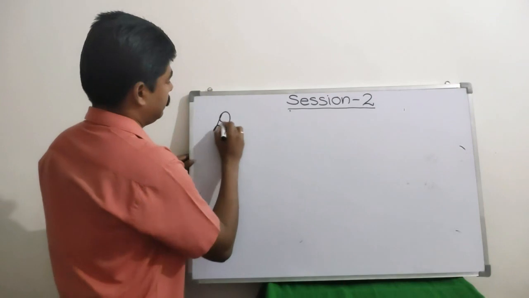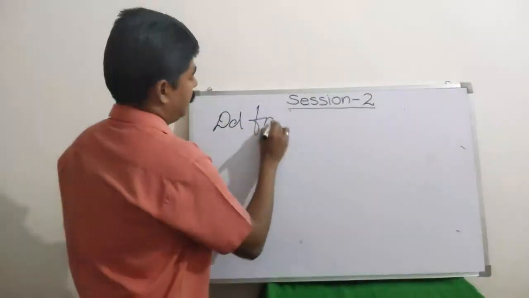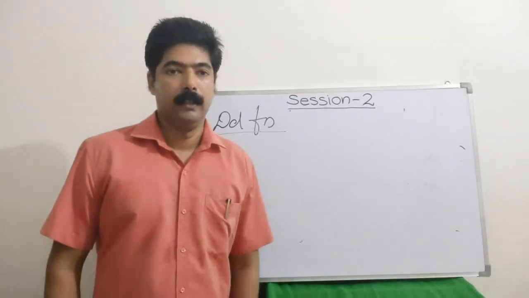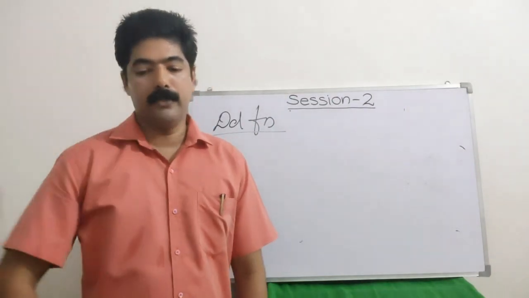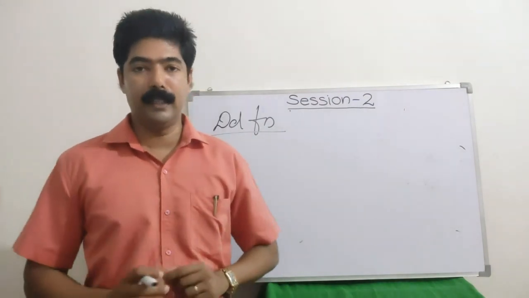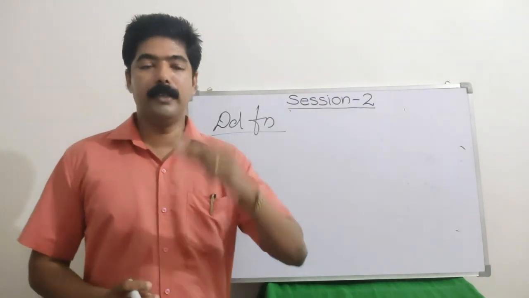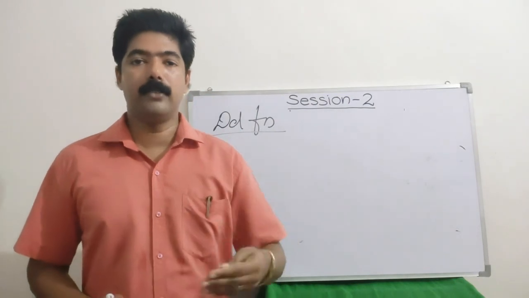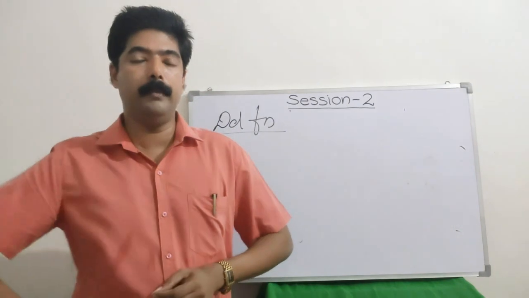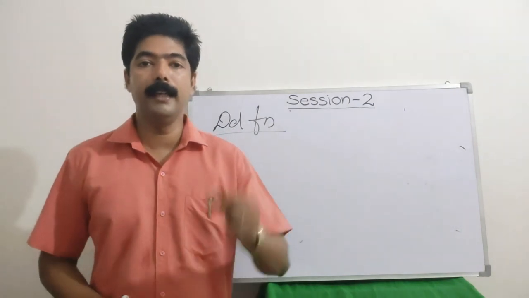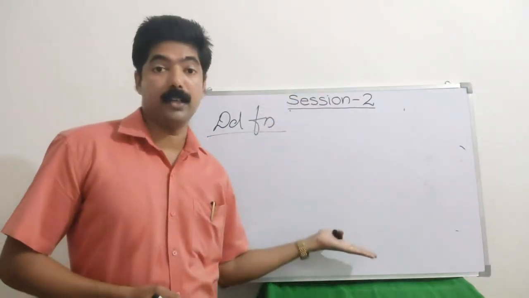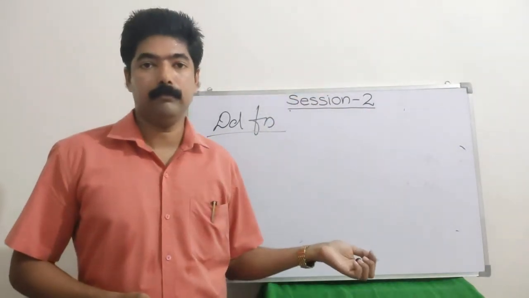What is demand function? Demand function states the relationship between demand and its determinants. It refers to the functional relationship between demand and its determinants. There are 9-10 determinants we have discussed.